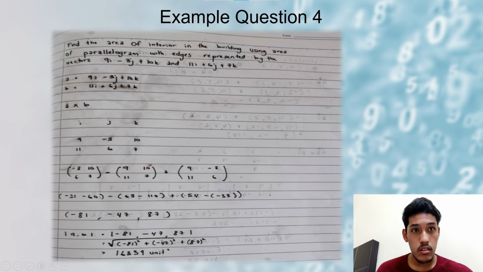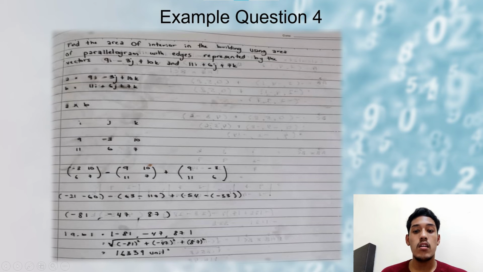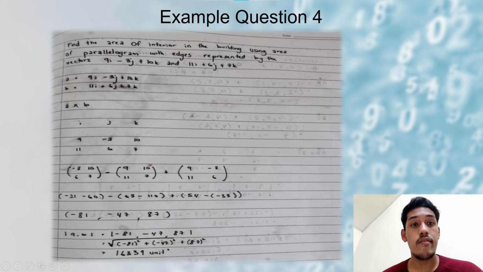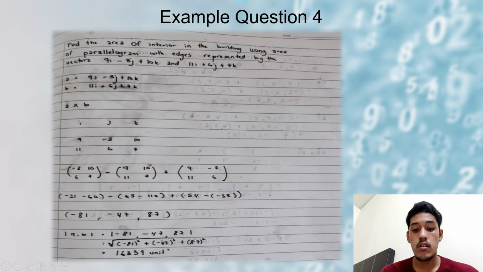The next question is to find the area of the interior in the building using the area of a parallelogram with sides represented by the vector A equals 9i minus 3j plus 10k and B equals 11i plus 6j plus 7k. Next we have to make columns i, j and k.